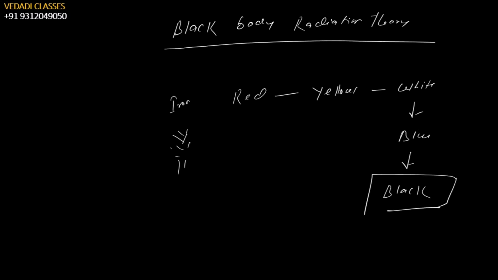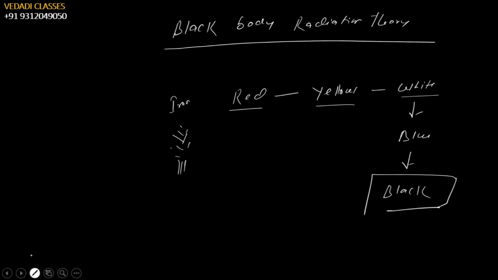So the black body radiation theory basically states that when you heat something, it will show different colors at different levels of heating, because different energy is absorbed at different levels of heating. And whatever wavelength or frequency is reflected, accordingly the color is observed.